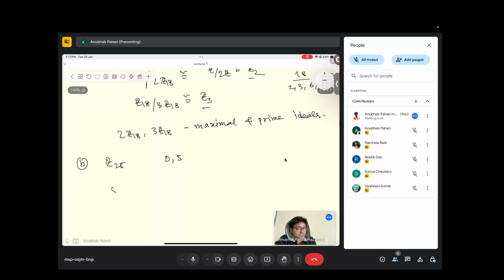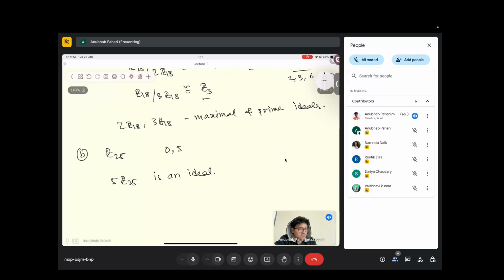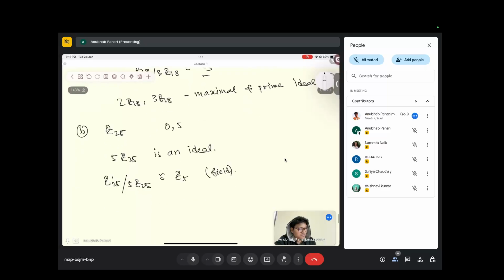So 5Z25 is an ideal, right? If you take the quotient, you get Z5, which is a field, so 5Z25 is maximal and prime.